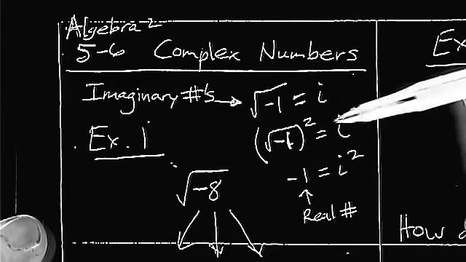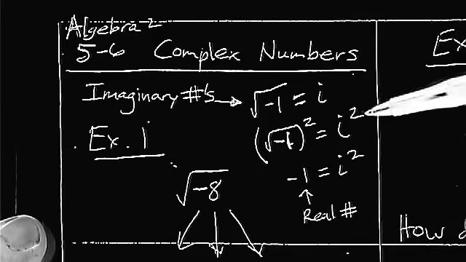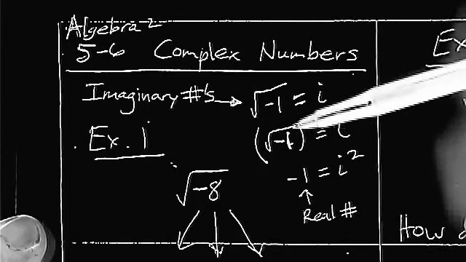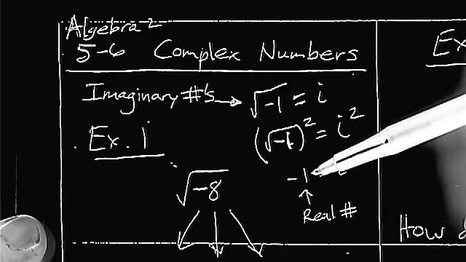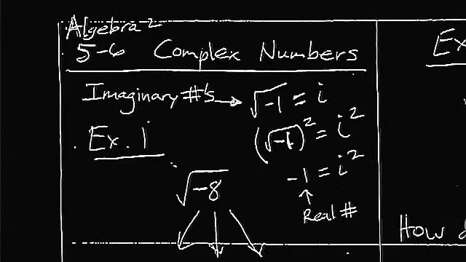If you square both sides, you get i squared over here, and the square root and the square cancel out and give me -1, which is a really weird thing. You could take two numbers which are not real, they're both imaginary, multiply them together, and end up with a real number, -1. I hope as we go along that you will see that fact and you'll use it.